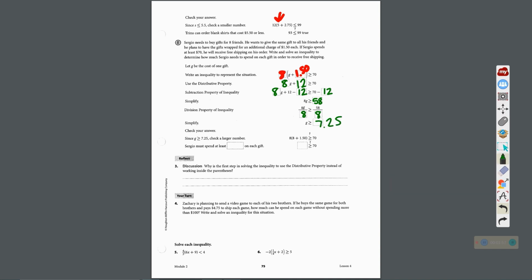So then it says, simplify. We did that. Check your answer. Since G has to be greater than or equal to 7.25, we're going to check a number that's greater than 7.25. So we plugged in 8, it looks like. 8 plus 1.50 would be 9.50.